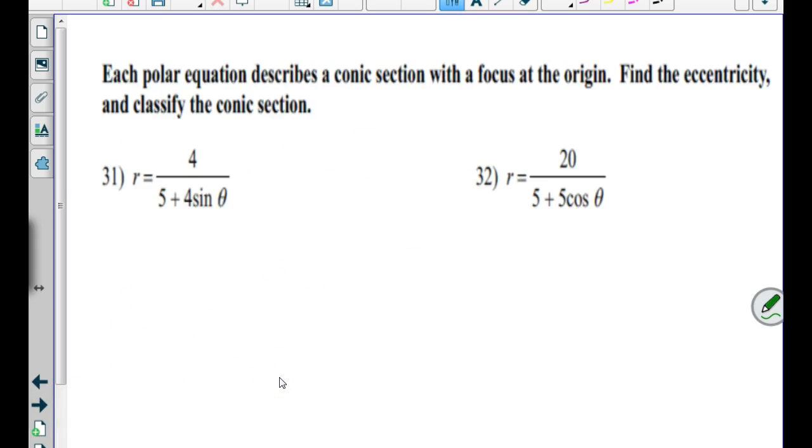You get to have this little chart. Remember the little chart that said what each of them was? And the chart looks like this for this one. It would say R equals ED over 1 plus E sine theta. So what do we need to do to this one?